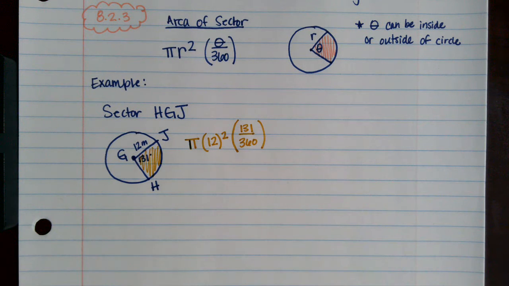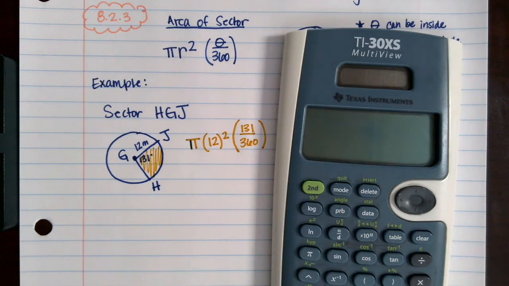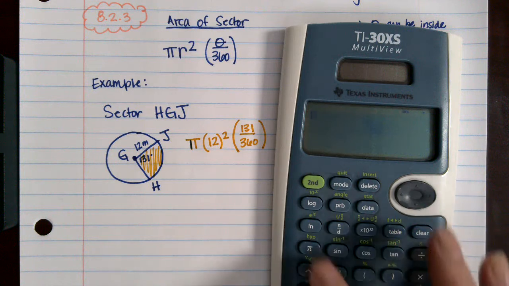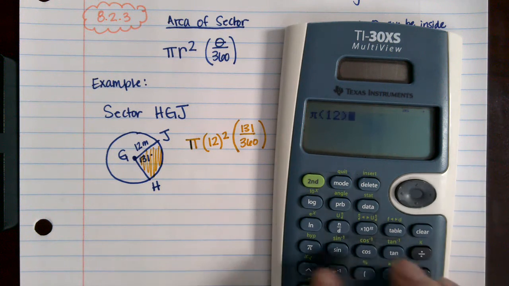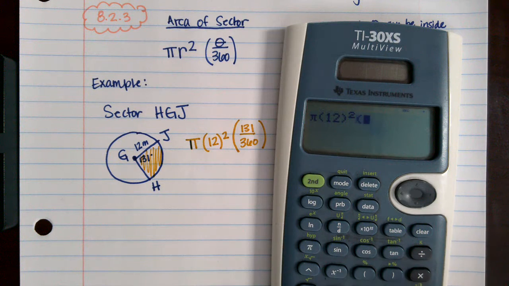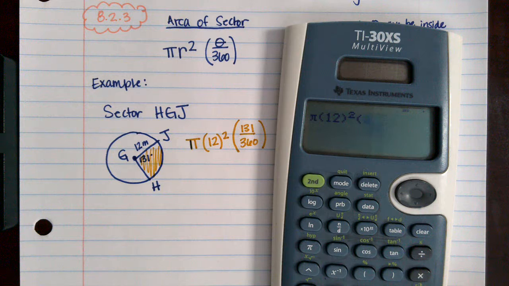And you can type that in exactly as it is, the entire thing, into your calculator. So I'm going to type in pi times 12 squared. And then in parentheses, if you have a fraction button, you can use that. Otherwise, you can just do 131 divided by 360.